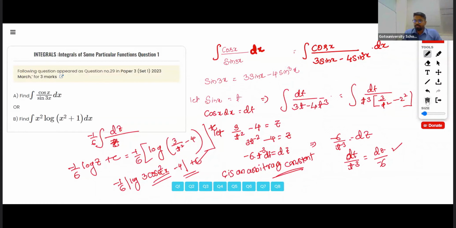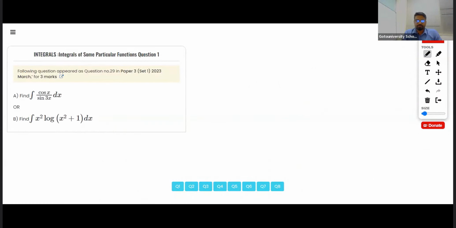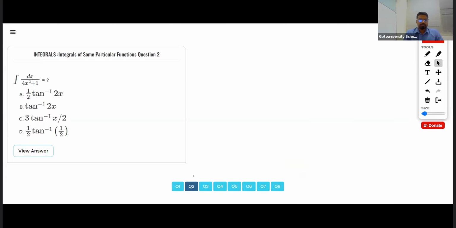This question is clear. Let's move on to the next one. So here there is an interesting question. The question is like this: dx divided by 2x whole square plus 1 square.